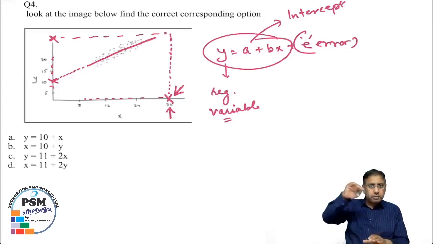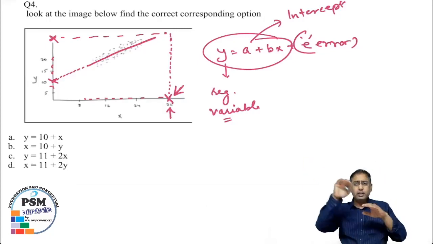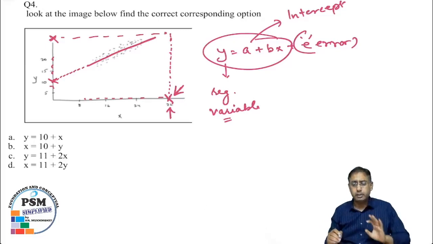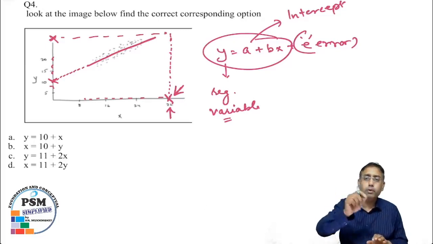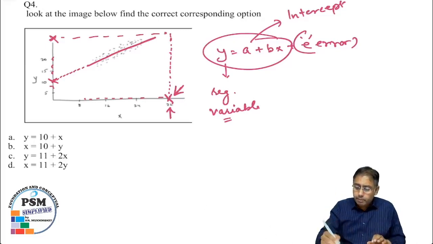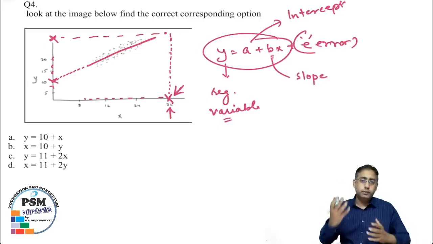So if you extrapolate it down, you will see that it meets at 10 points. That is known as the intercept on y. Okay. B means the slope of the curve. It tells you how much the curve is sloping.